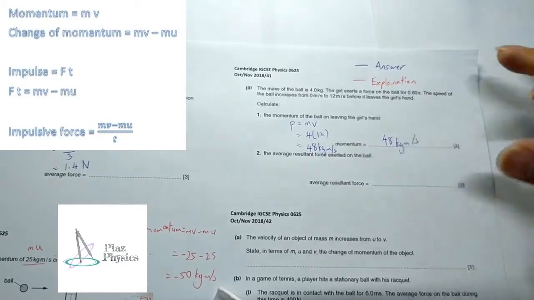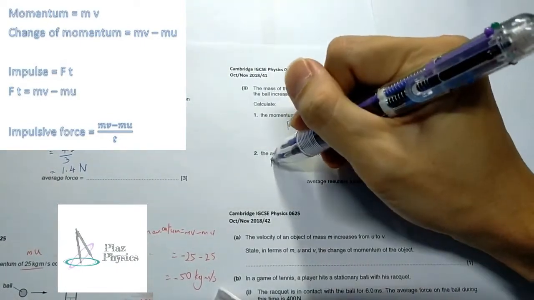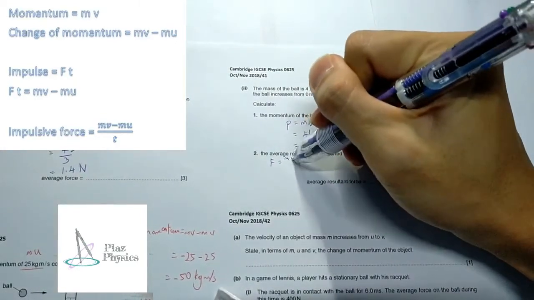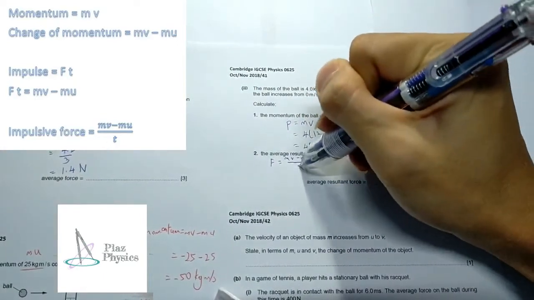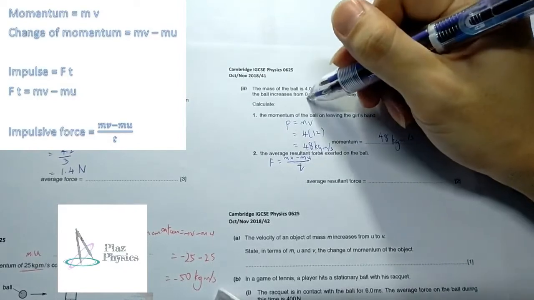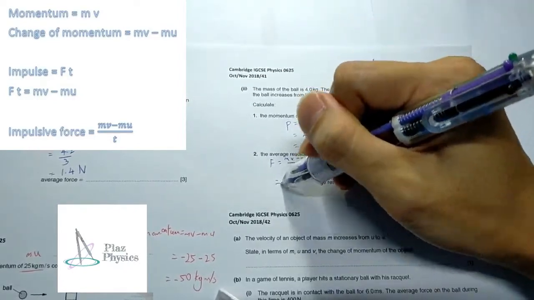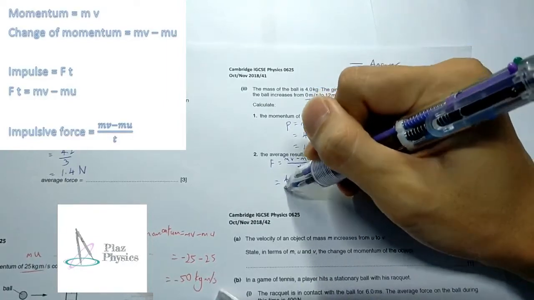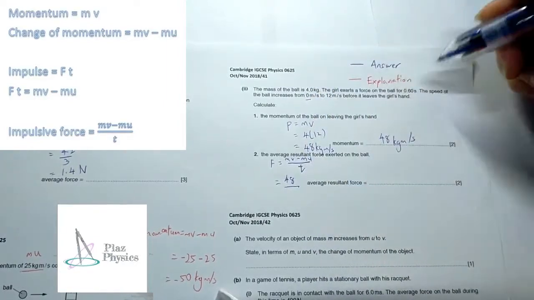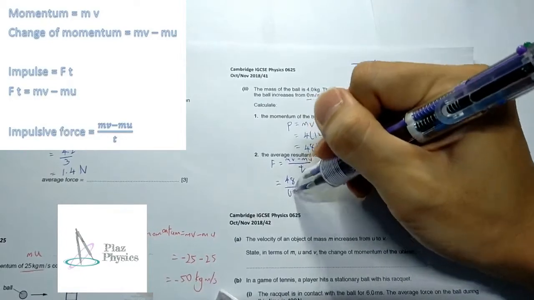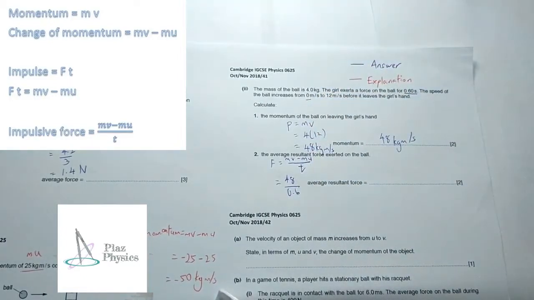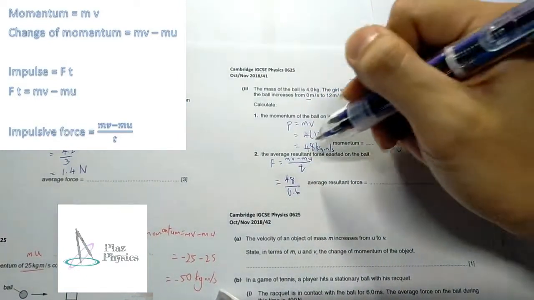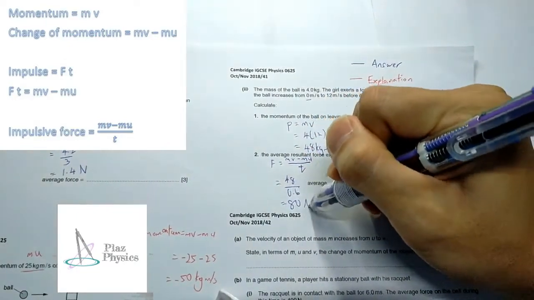The next one, average force. Still the same thing: force equals mv minus mu over t. Because initial is 0, we can ignore it. So 48 minus 0, we ignore it. The time is 0.6. So we will get 80 Newton.